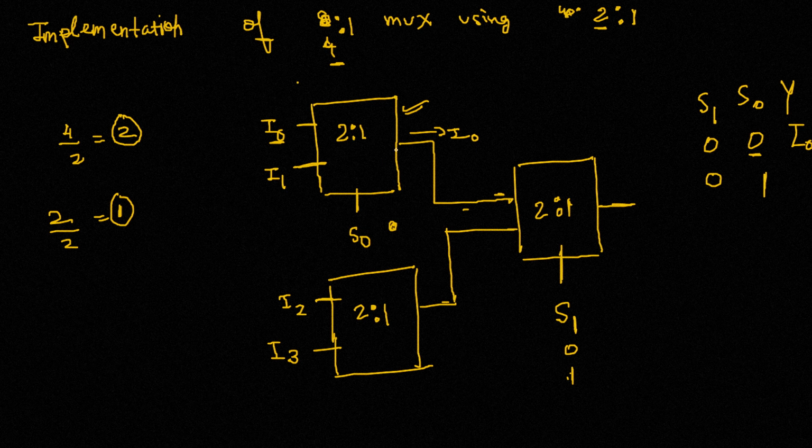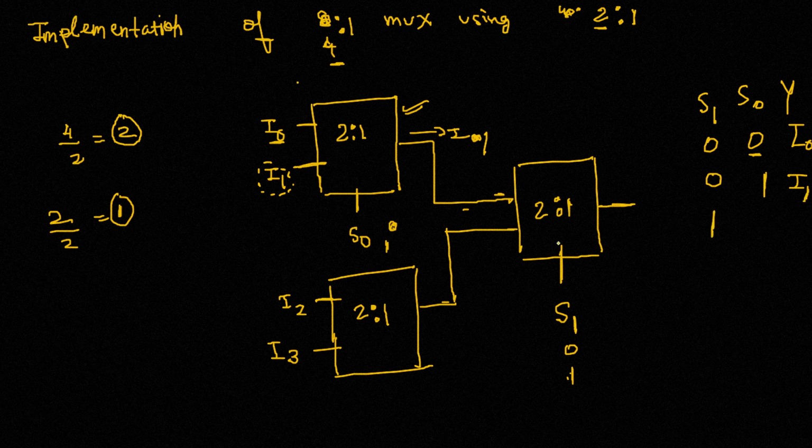If S0 is 1, it takes the second input, which is I1. So I1 is the output of this 2 cross 1 mux, and I1 is the first input of the third 2 cross 1 mux, which it displays as the output.